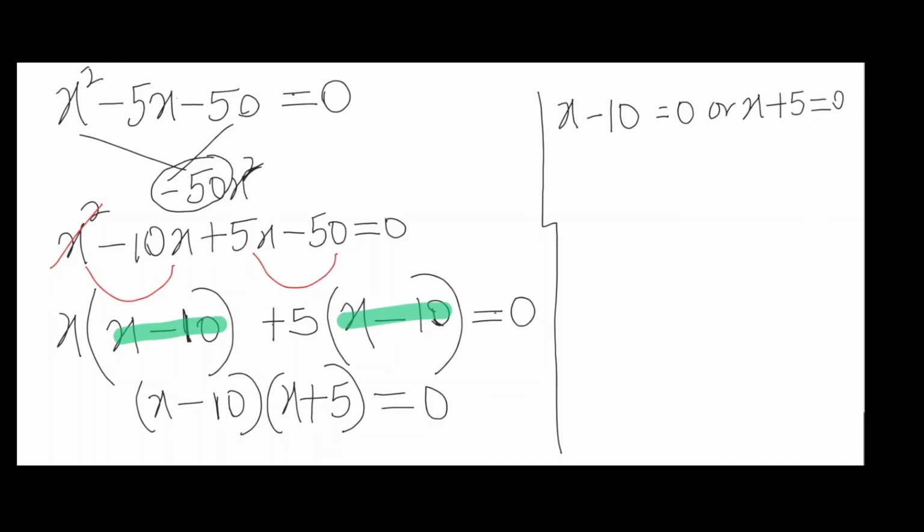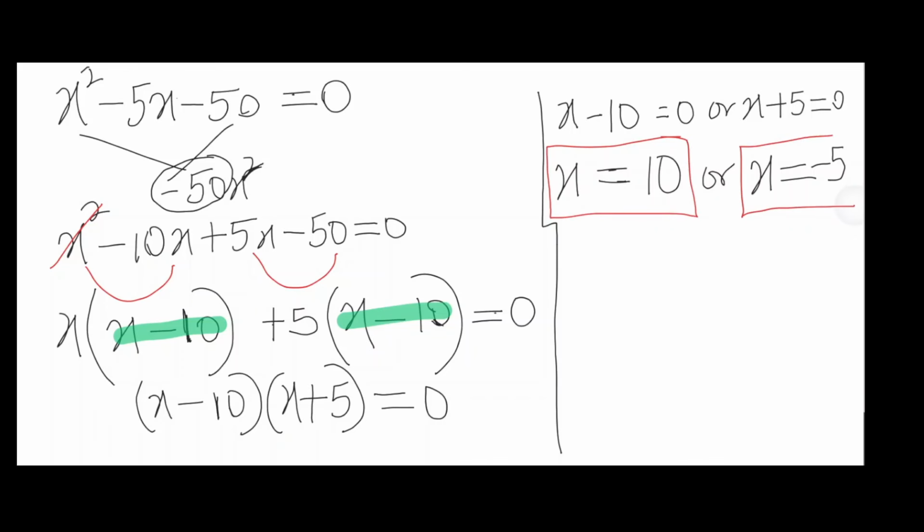So from here, it's easy to see that x equals positive 10 or x equals negative 5. So these are the two possible values of x. Either x equals positive 10 or x equals negative 5.